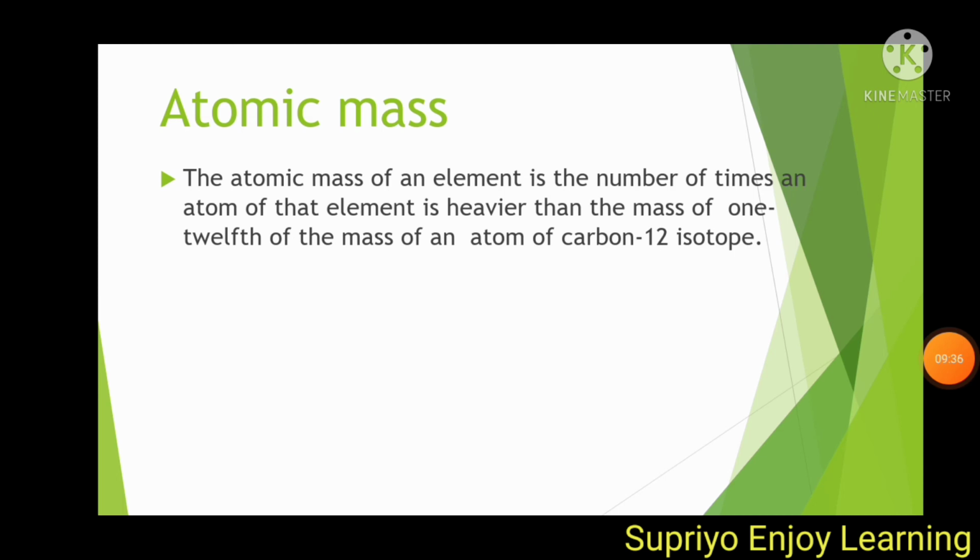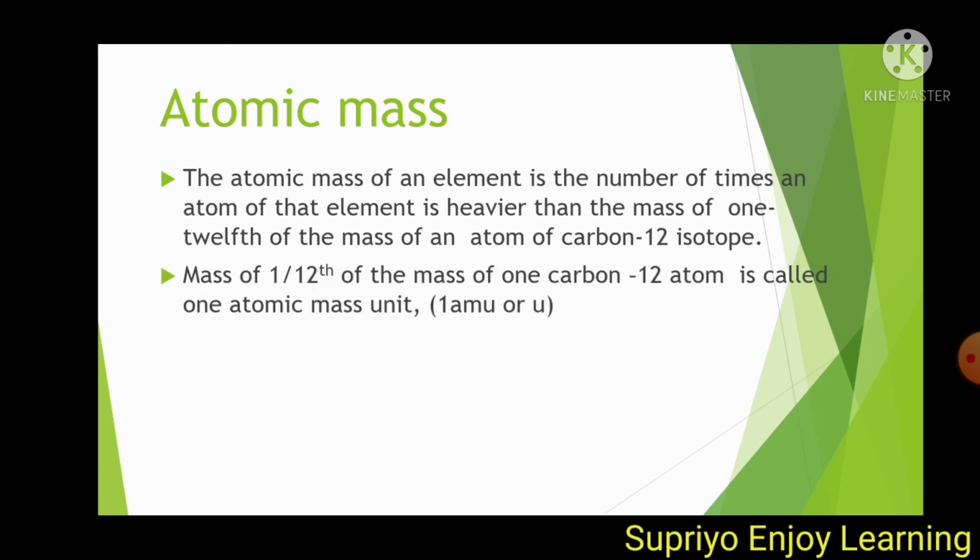The atomic mass of an element is the number of times an atom of that element is heavier than the mass of 1/12 of the mass of an atom of carbon 12 isotope.